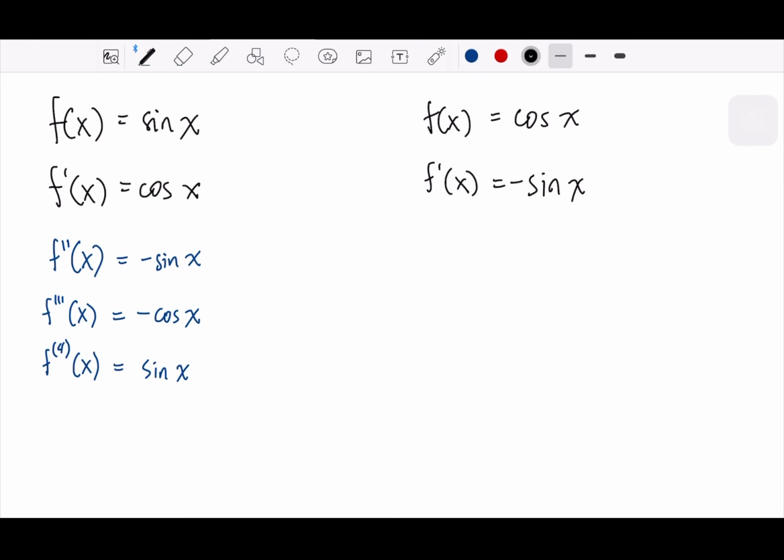Aside from sine and cosine, another essential trigonometric function is tangent. Sine, cosine, and tangent, at least these three are important in trigonometry. So let's start with the tangent.